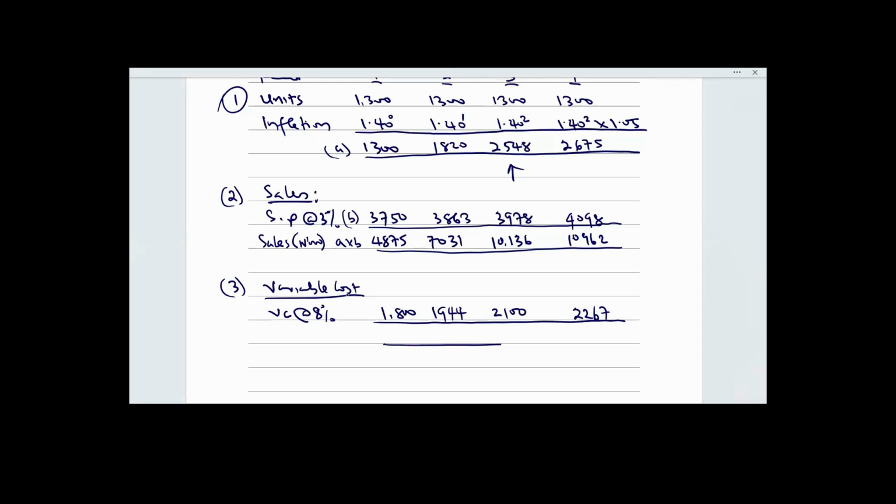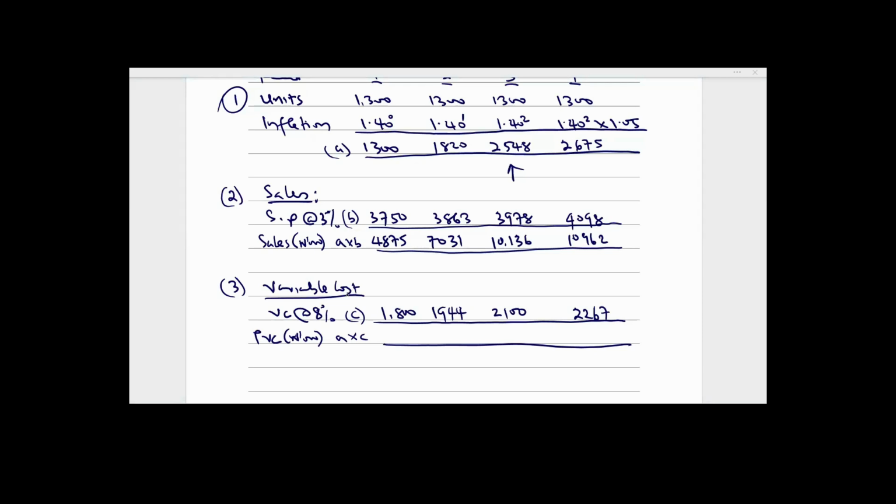The next thing we need to do now is to calculate the total variable cost, of course, figures in thousand. So let's say this is C. Therefore, A times C. I will do the last one, multiplied by 2,267. The first one, 2,340.